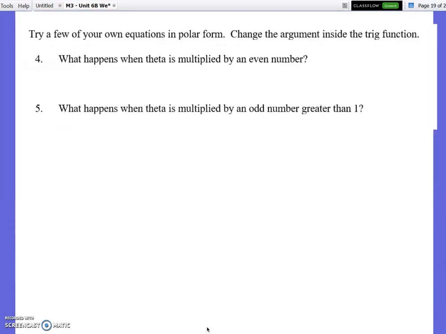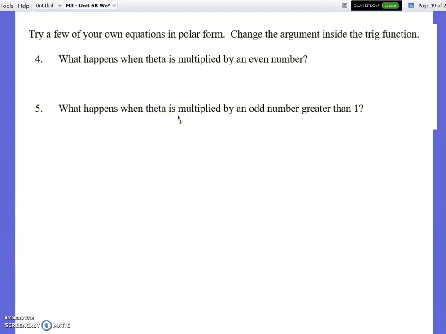And then this is what I want you to kind of focus on. Pause the video here, before, of course, you press play. So you want to go in and set up an equation with r equals sine of theta something. You can try cosine, see what happens, and see what's happening when theta is being multiplied by an even number, and then see what's happening when theta is multiplied by an odd number greater than 1, because when it's 1, we just get a circle.